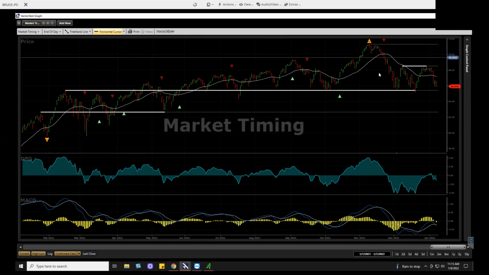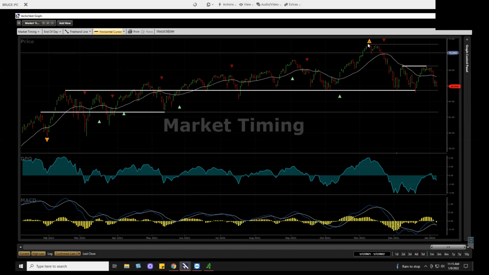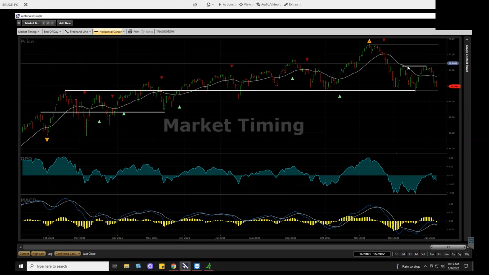But again, markets tend to have rallies. This is a pretty staggering pullback, but we have seen this, and it's all part of this very long consolidation the market's in. The way I use this for trend is this particular white line is a 30-day moving average.